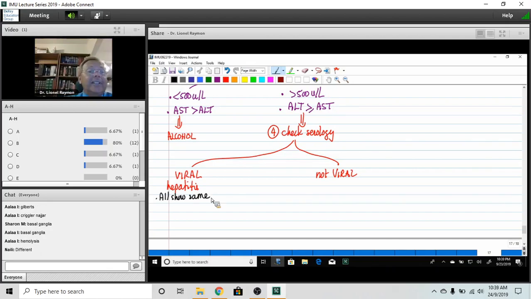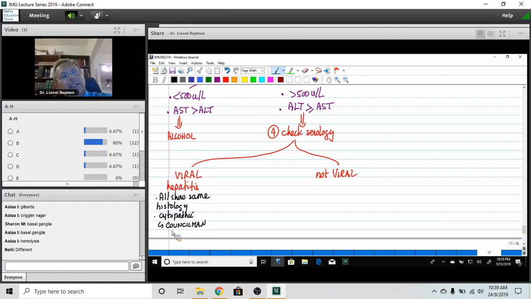Nearly, actually, they all show the same. Basically, based on the histology, you would not be able to say which one it is. Because hepatitis viruses are cytopathic. They cause hepatocyte death, so you'll find those famous Councilman bodies.